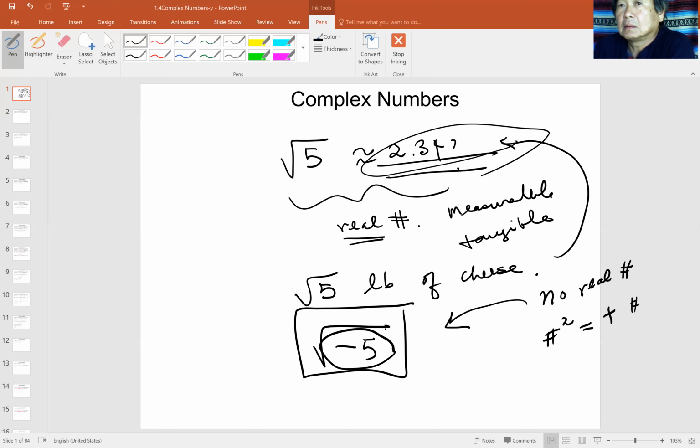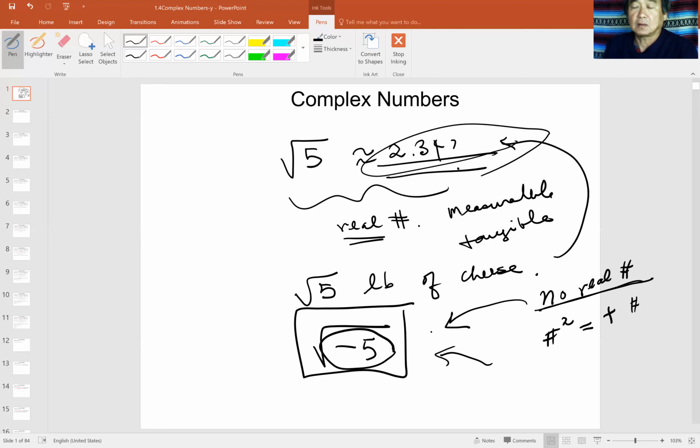Even though it's not a real number, I can still invent a system to accommodate these types of questions. And that's what we're going to do. The new system we invented is larger, extending beyond the real numbers, and these numbers are called complex numbers.